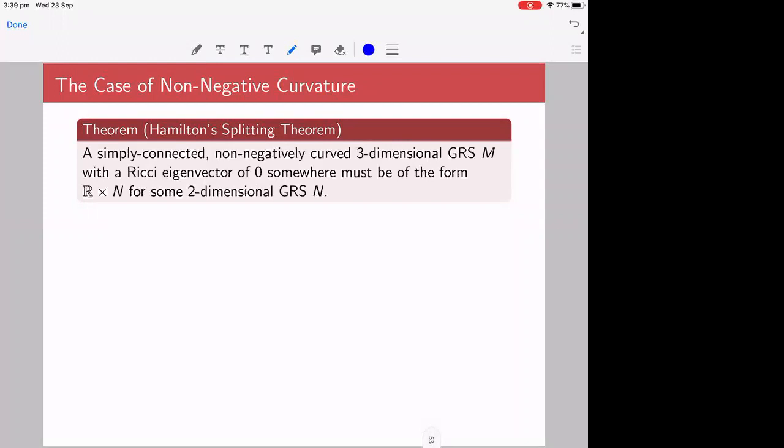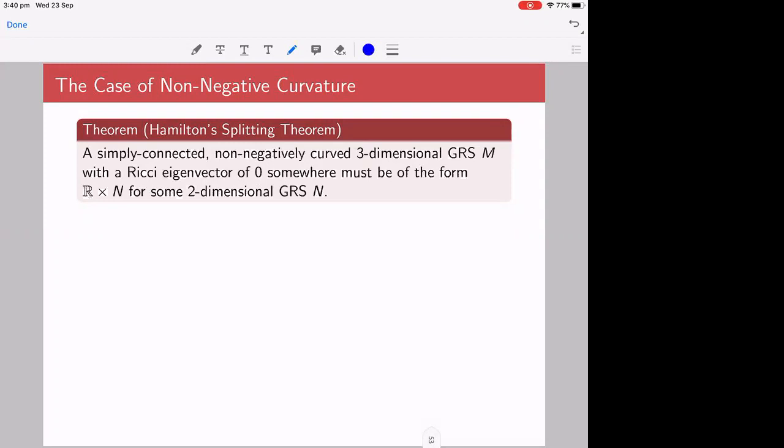So now the issue is what happens if the Ricci curvature does have an eigenvalue of 0 somewhere. What do we do? Well, I've written a theorem here, which I've called Hamilton's splitting theorem. I believe the first time I saw this result proved was in one of Hamilton's papers when he was looking at Ricci flow on 4-manifolds.